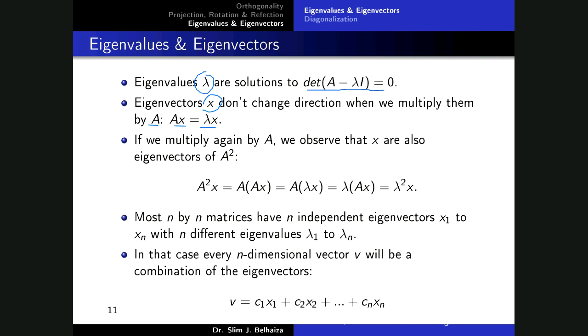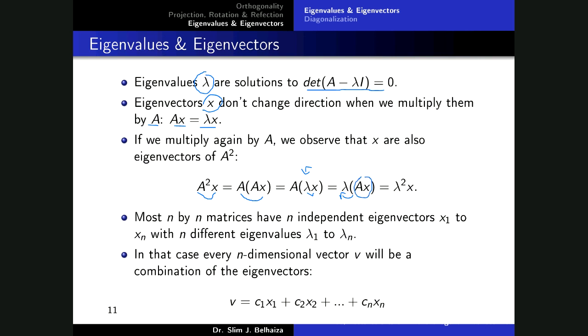We can move a little bit forward. If you try to multiply again by A, you can expand it and write it as A times Ax, where the part in the middle is equal to lambda x again. Since lambda is a number, whether complex or real, and not a matrix, you can bring it outside, which gives lambda x again.